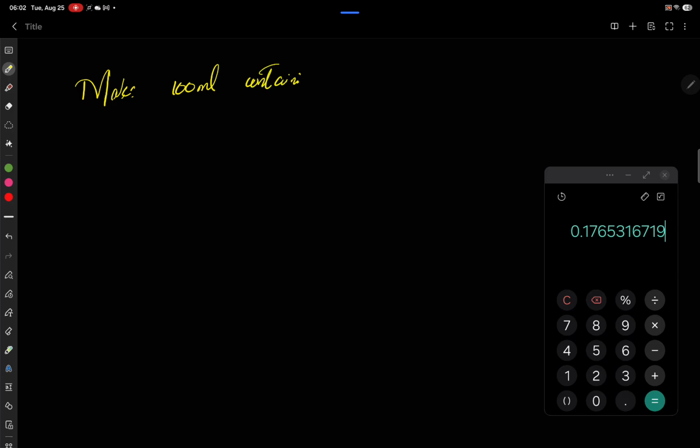We know that the equivalence value is 0.18. First of all, we will figure out how much NaCl is required for 100 ml.